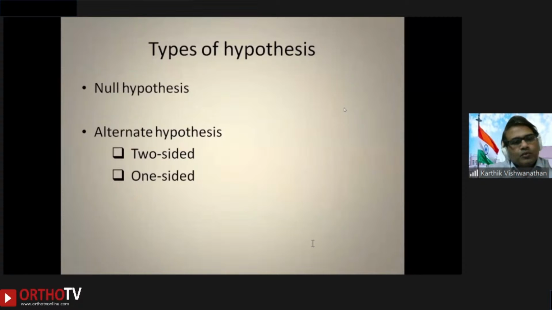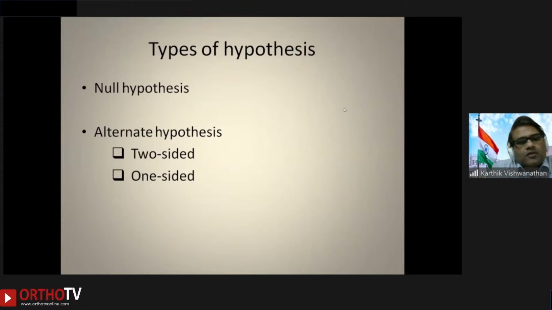The null hypothesis states that there is no difference between intervention A and intervention B. An alternate hypothesis can also be used sometimes. Most commonly used is two-sided, which says that either intervention A or intervention B will be better, or it could be one-sided, where it says only intervention A is going to be definitely better than intervention B. That is very rare to use because before starting a study, you cannot conclusively say that.